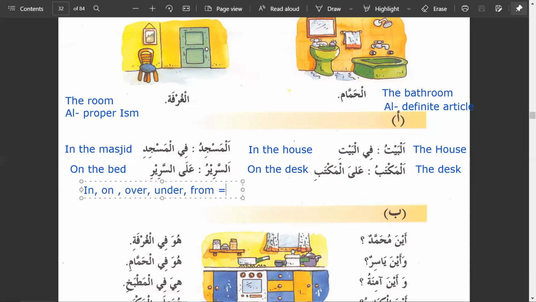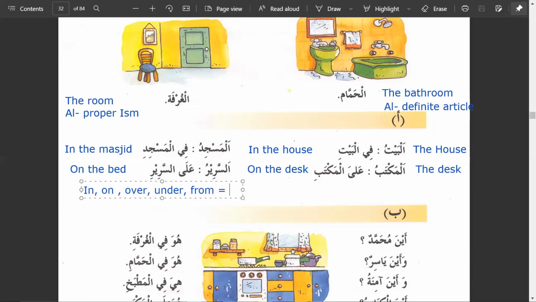These are prepositions. We learned that in the other grammar course.